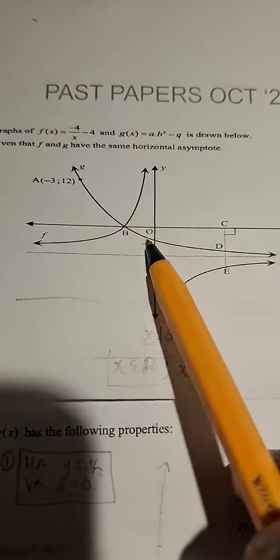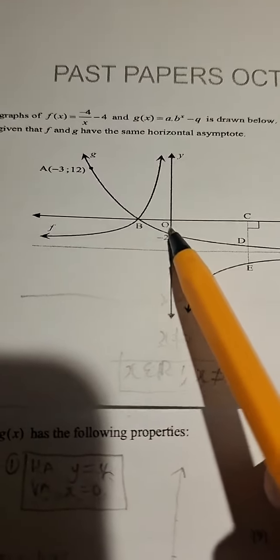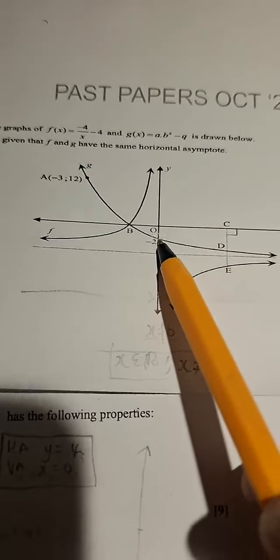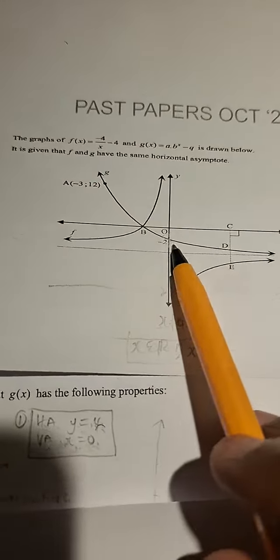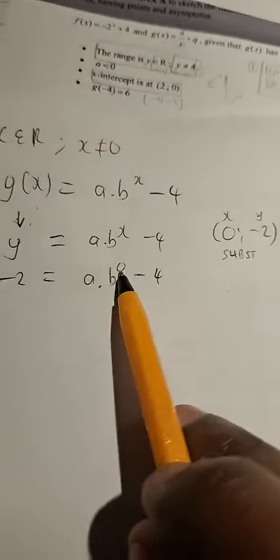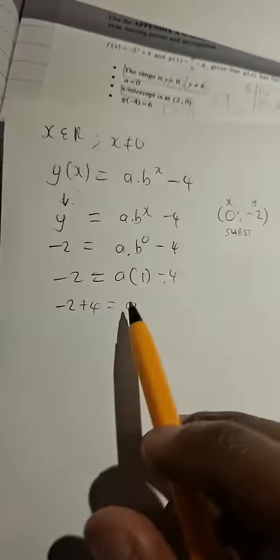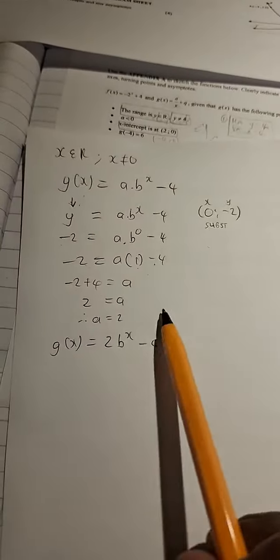Then look at g of x, it's a times b to the power x minus 2. Q we already know because it's shared. If they share the same horizontal asymptote, and that is negative 4, then this q value is also negative 4.